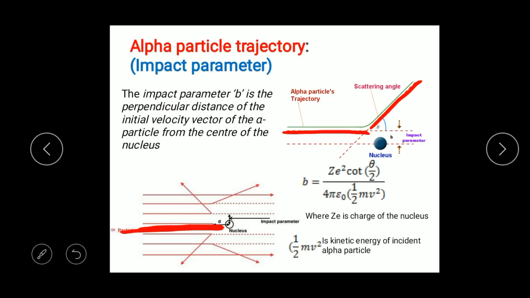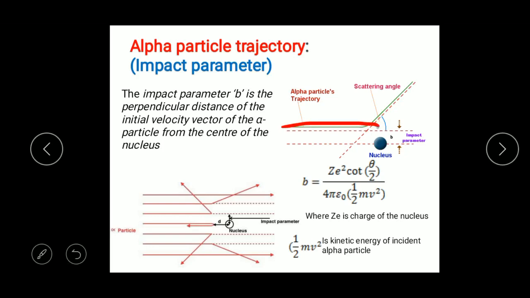But those particles which are away from the nucleus have a very small scattering angle, you can observe here. So now, what is an impact parameter? The impact parameter is denoted by the symbol b. It is the perpendicular distance of the initial velocity vector of the alpha particle from the center of the nucleus. So this is the initial direction of the alpha particle, right?